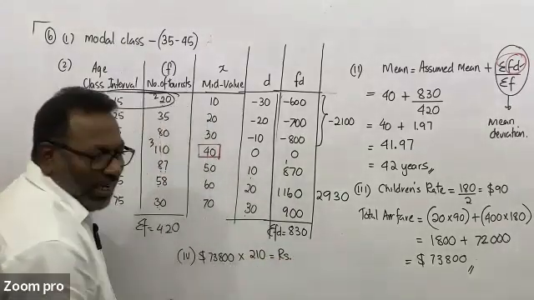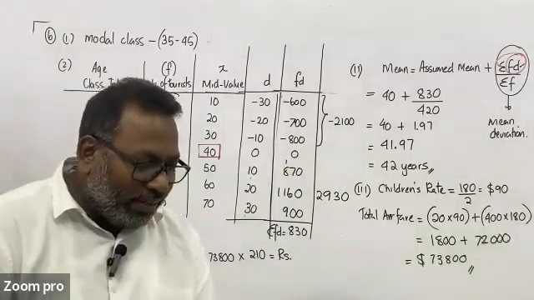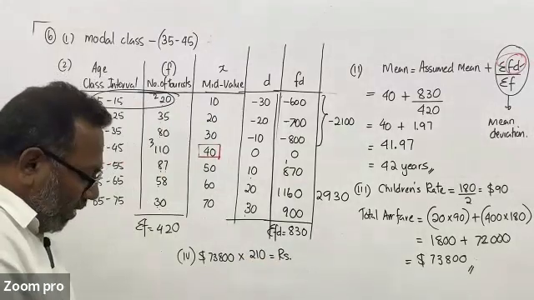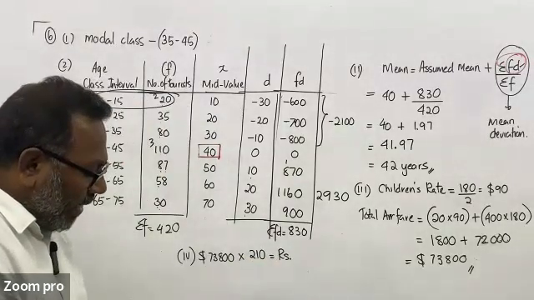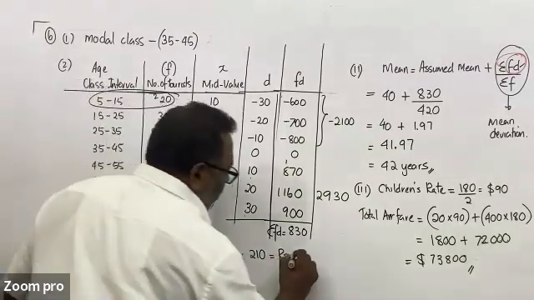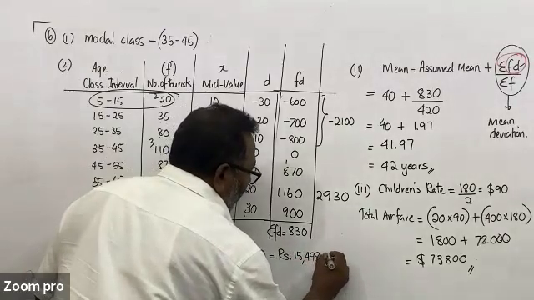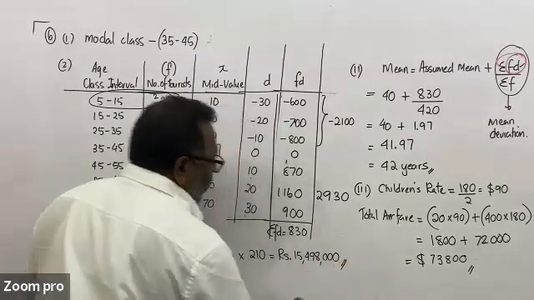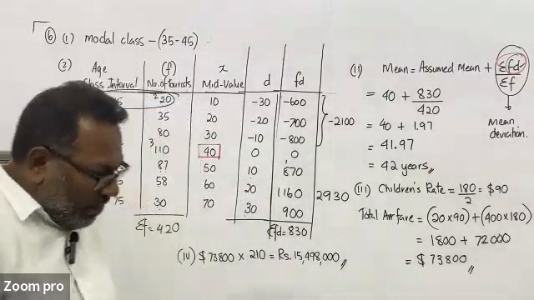I'm just going to do it quickly on the calculator to save some time. 210 multiplied by 73,800. You're getting 15,498,000 is your answer for this question.